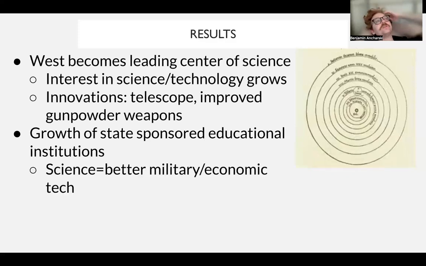So we will see a political motivation for increased government sponsorship of educational institutions, of these universities, these institutions of higher learning. So we see that science is going to be realized as something that can be manipulated for the purposes of a state, for the purposes of a country.